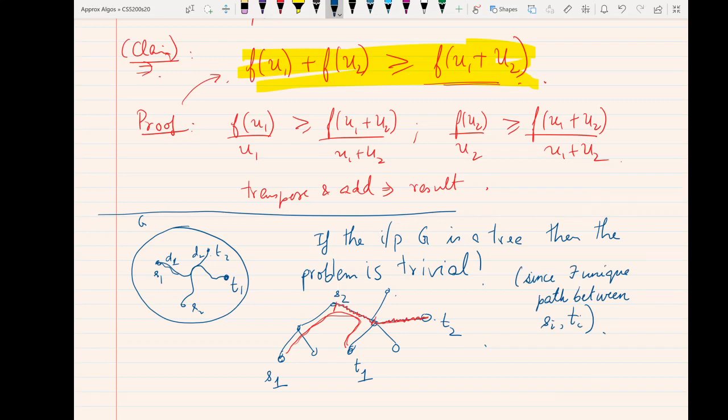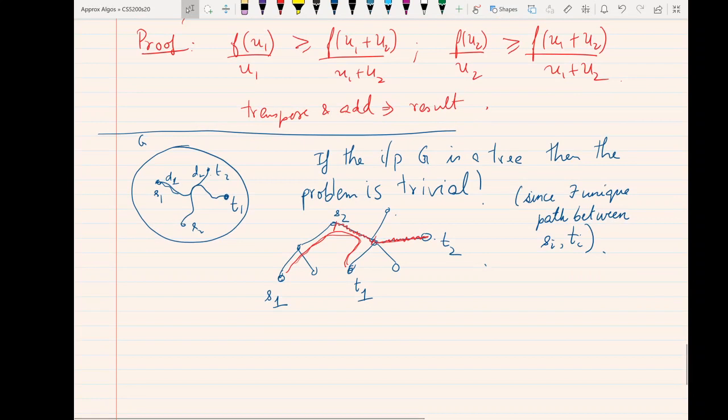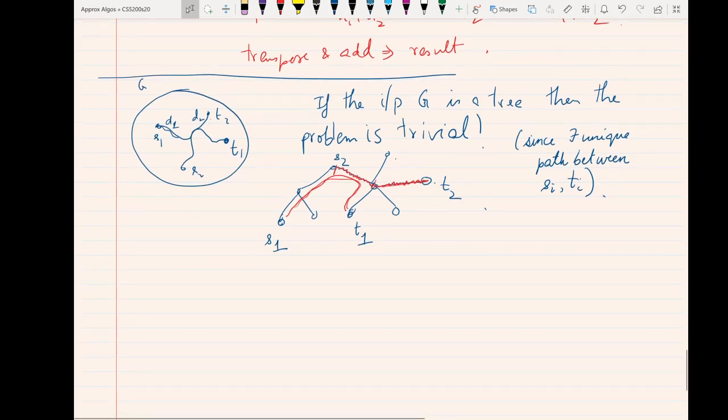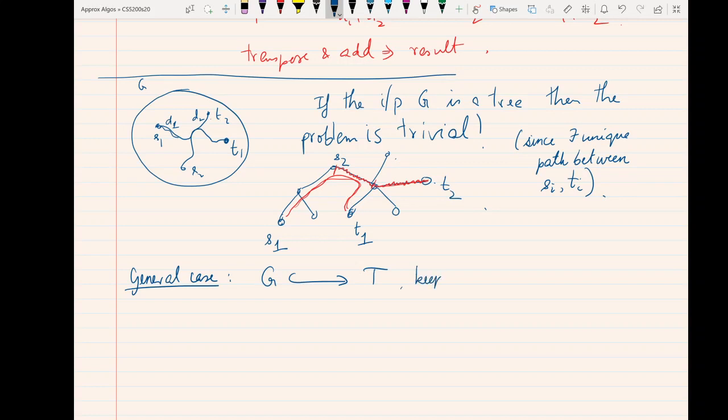Now, if the input graph is not a tree, that's when we are in the general case. How do we solve this problem? Given what I've told you before, the intuition should be kind of clear. From G, we go to a tree while keeping distances close.